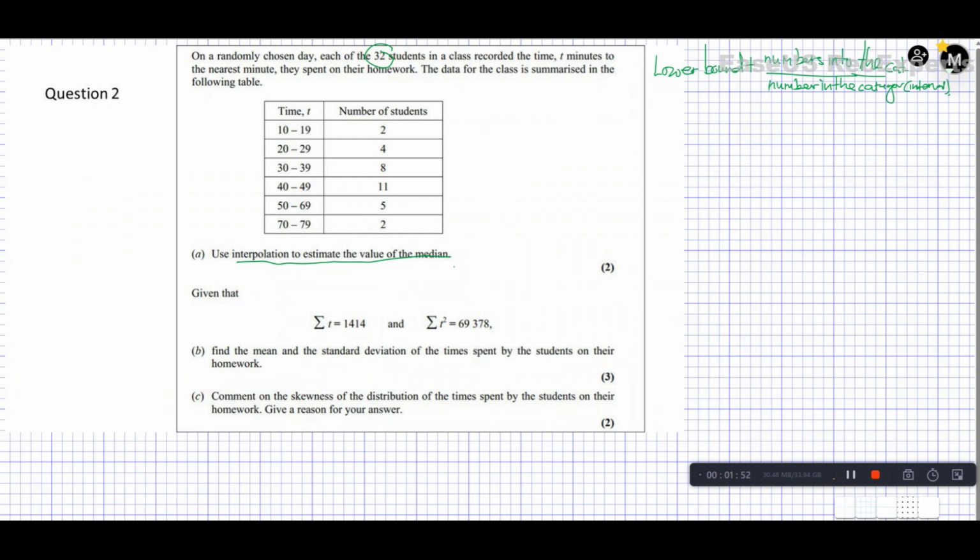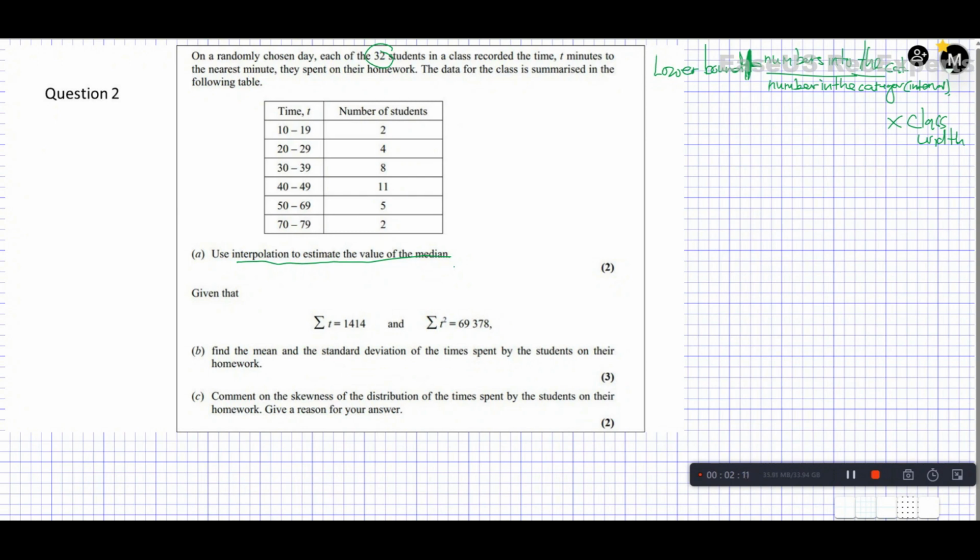Okay, and once you're done with this, you multiply by the class width. So: lower bound plus number into the category, divided by number in the category, times the class width.